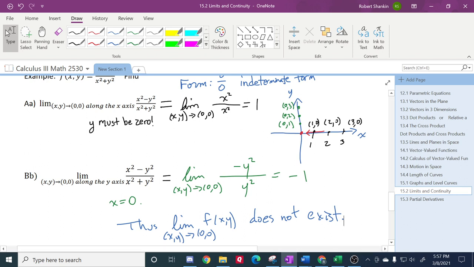So let me go to my document camera here.